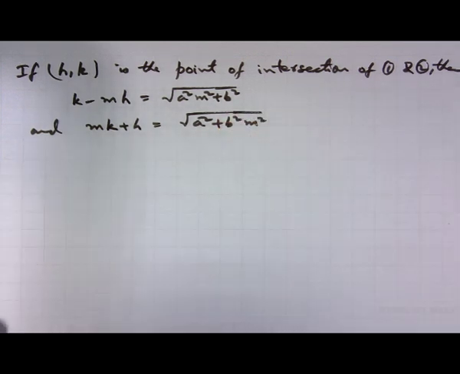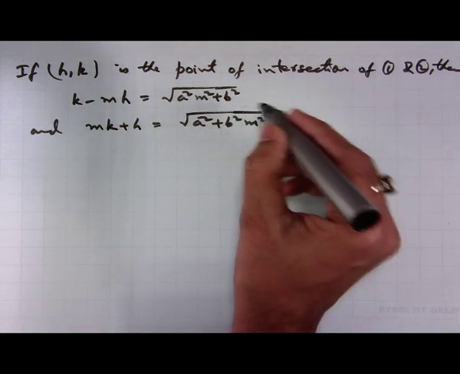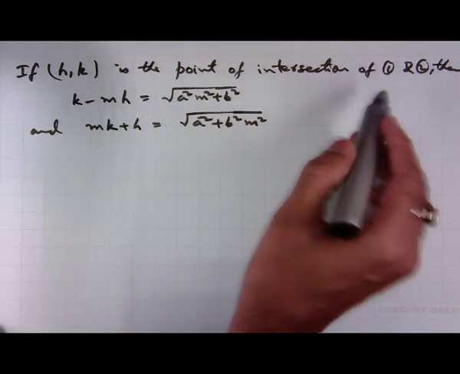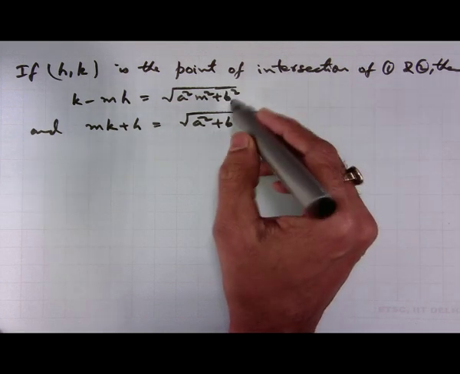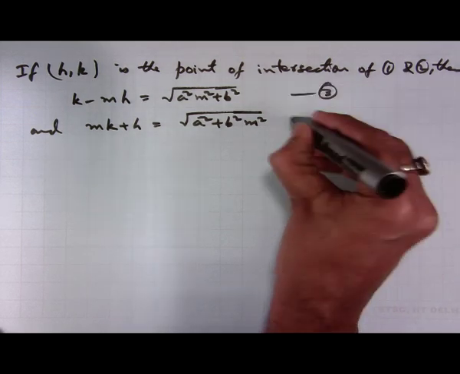So, h k lies on both the equations 1 and 2, this gives us these two equations. Now, to find the locus of the point of intersection, we need to eliminate m from the above two equations. Let us call this 3 and 4.